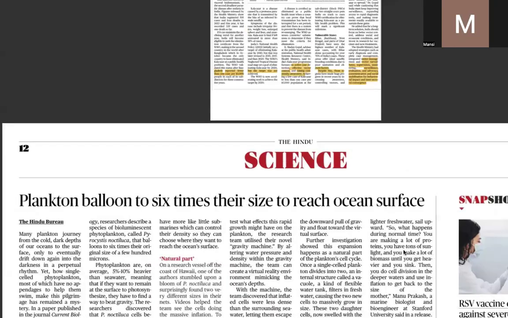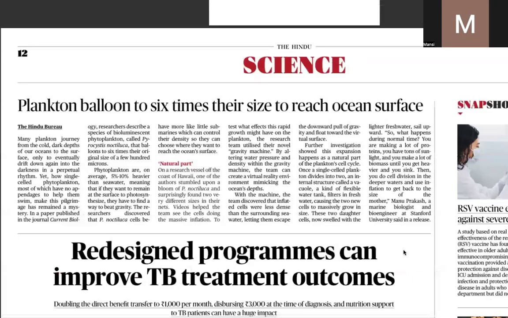Coming to another science news: plankton balloon to 6 times their size to reach the ocean surface.